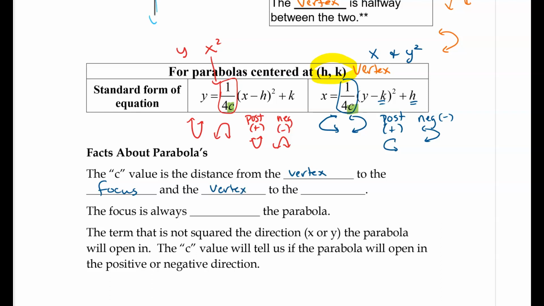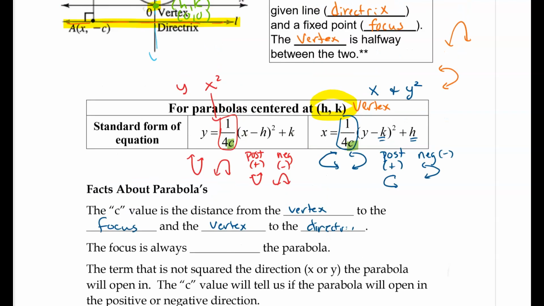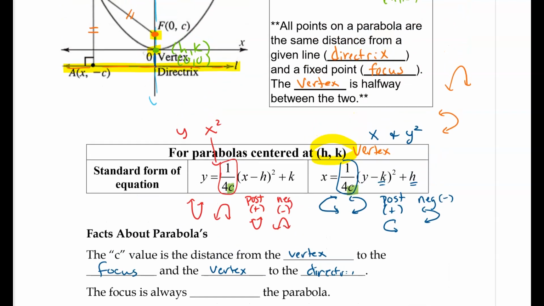Let me show you where I'm talking about. So this is the distance of c from here to here. It's how far away. So I either go up c, or positive to the right or to the left, or up or down. So it's the c distance away.